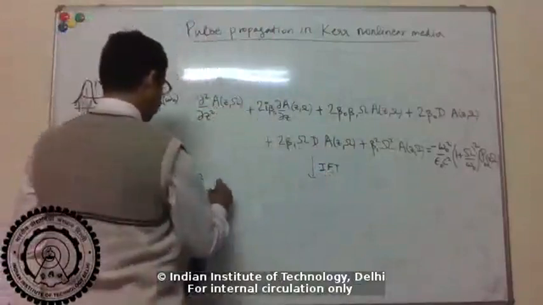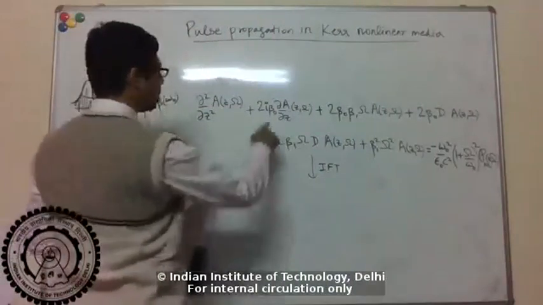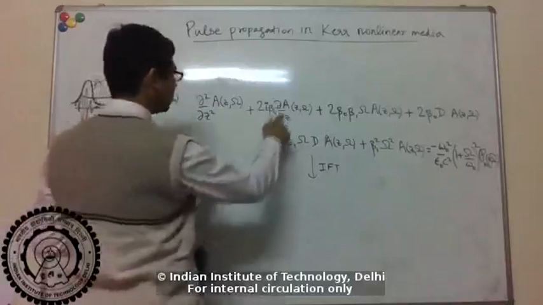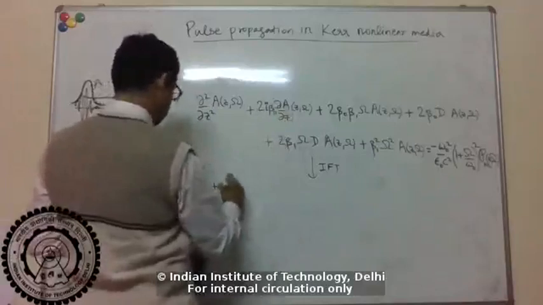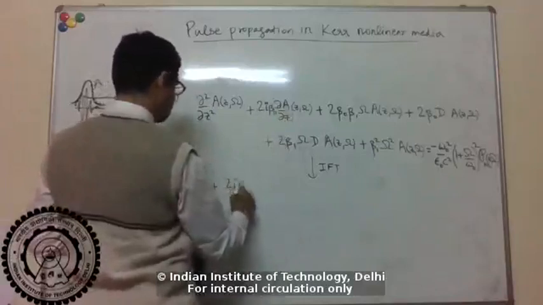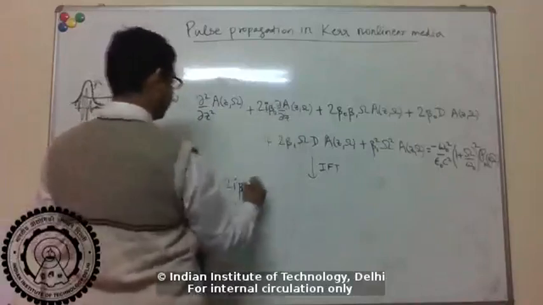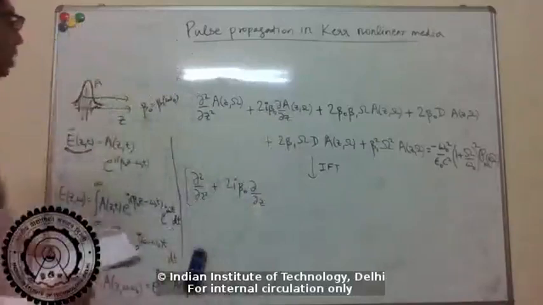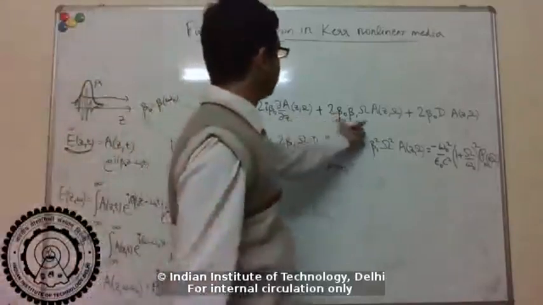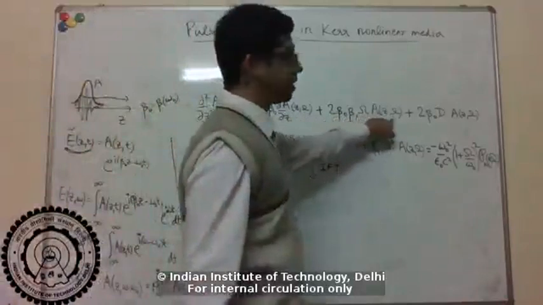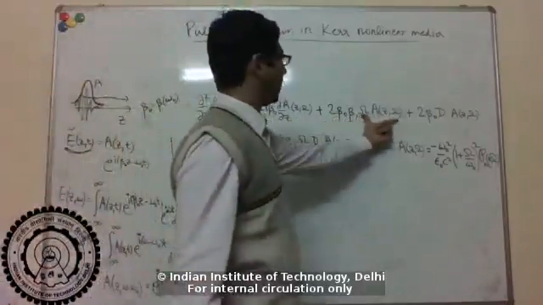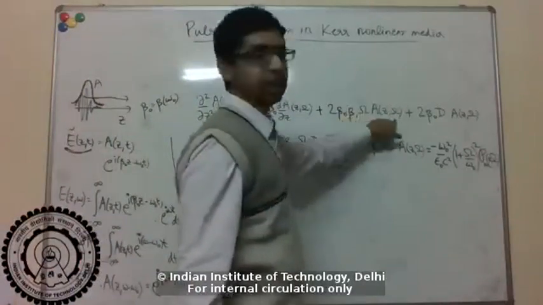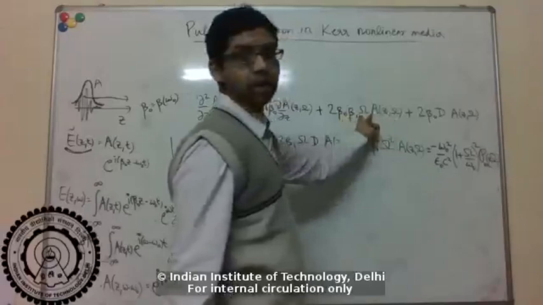The second term is just a constant, 2i beta naught, and then del by del z. The third term has omega times A_z of omega. So when I take the inverse Fourier transform, I get a time derivative, del by del t of A_z of t, because I have a factor of omega.